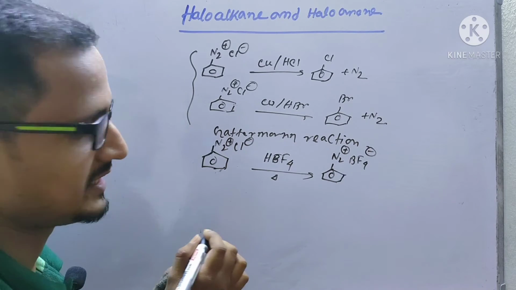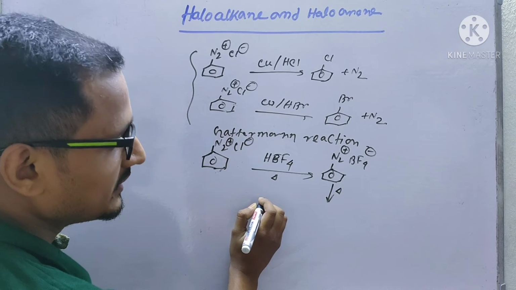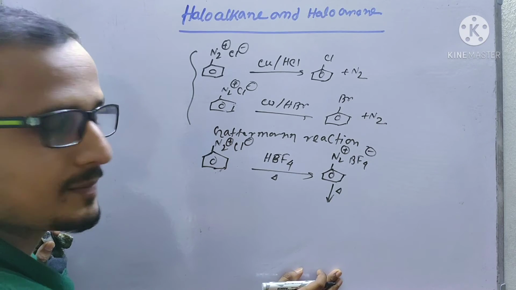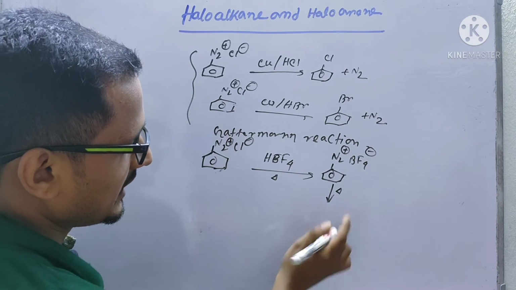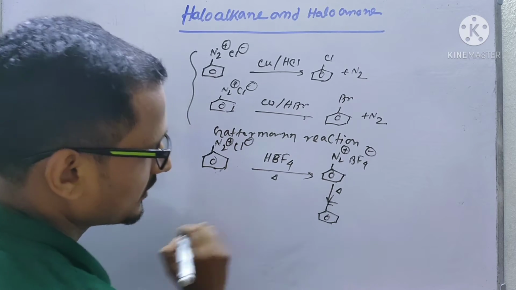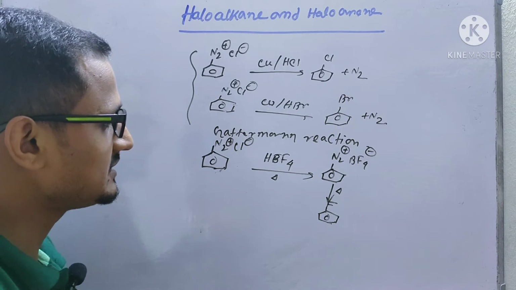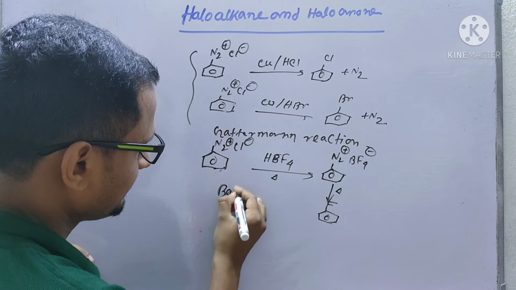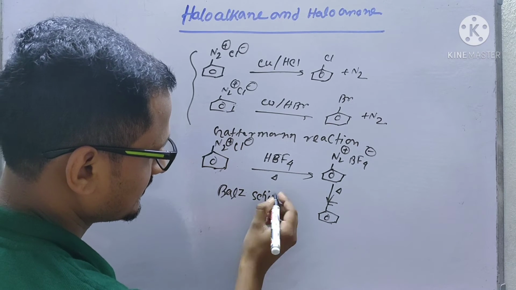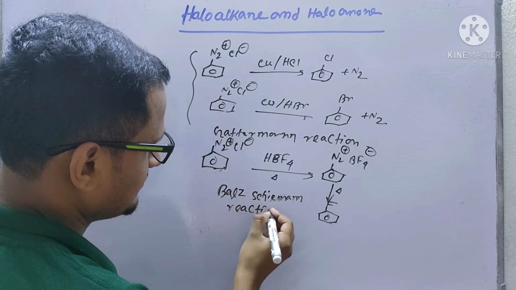Now if you again heat this one, then after the removal of BF3 and nitrogen, you will get fluorobenzene. Understood? So this one is very important, and this reaction is called Balz-Schiemann reaction.